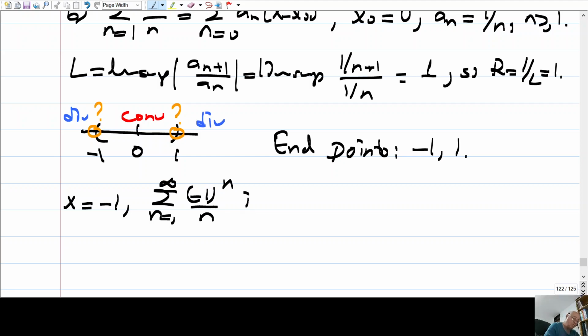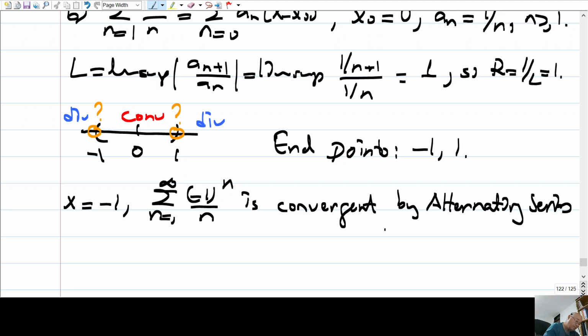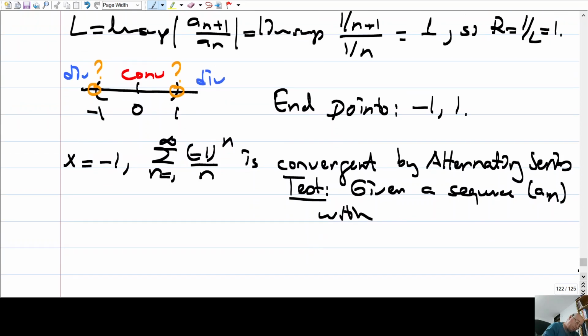Well, this is convergent by the alternating series test. What is that test? That test is this. So given a sequence a_n with the following properties.